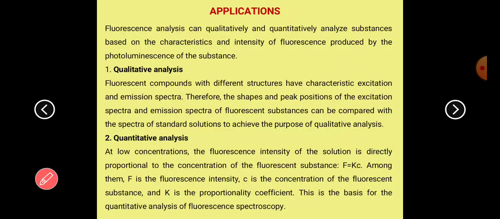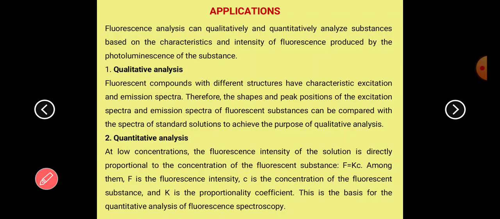Qualitative analysis means identification of the compound. So how can we identify the compound? Fluorescent compounds with different structures have characteristic excitation and emission spectra. Therefore, the shapes and peak positions of the excitation and emission spectra of the fluorescent substances can be compared with the standard spectra. Therefore, we can identify the compound.